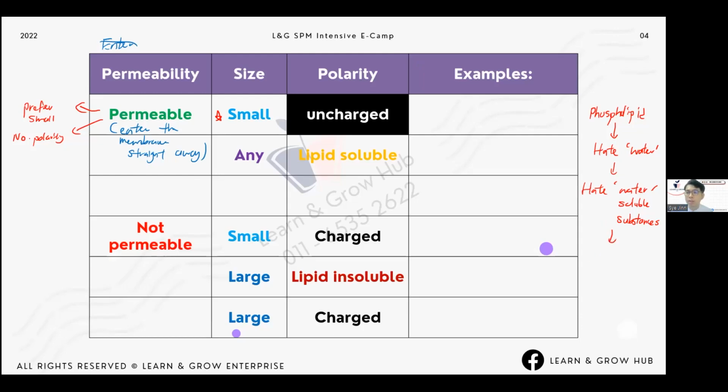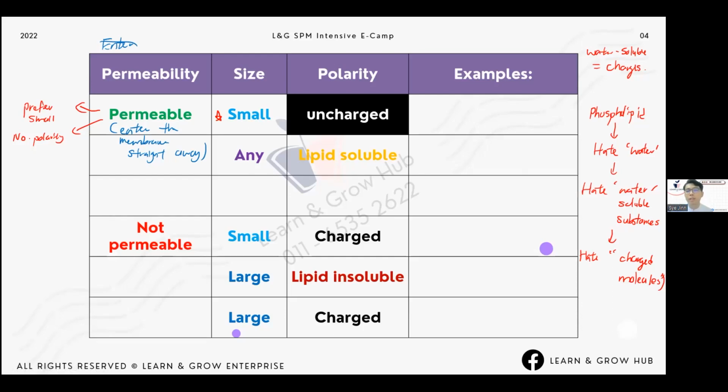Water soluble substance actually refers to charge, which means they hate anything that has charge. They hate the charged molecule, anything as long as it is water soluble.